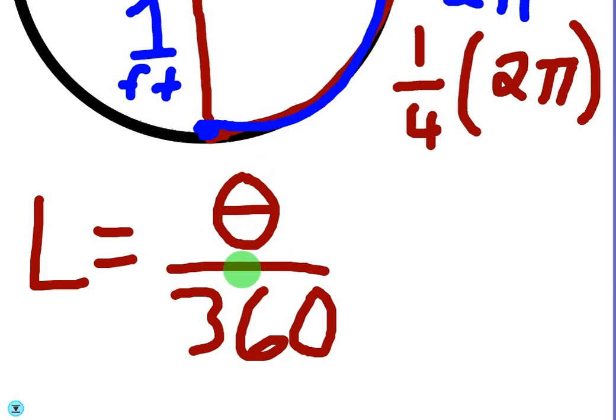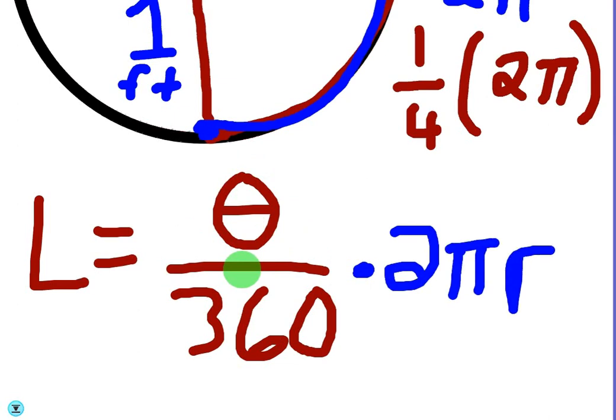The second part of the arc length formula is the circumference. Okay? So you just multiply that by 2 pi r. So if you take the fraction of the circle and multiply it by the circumference, it will give you the length of that arc.